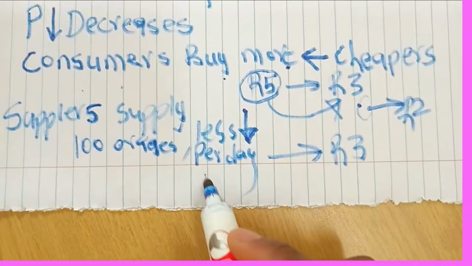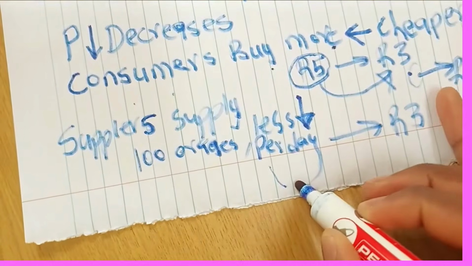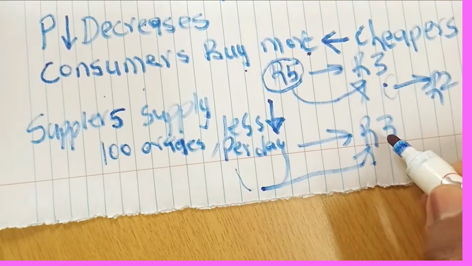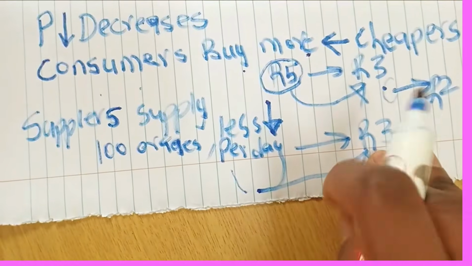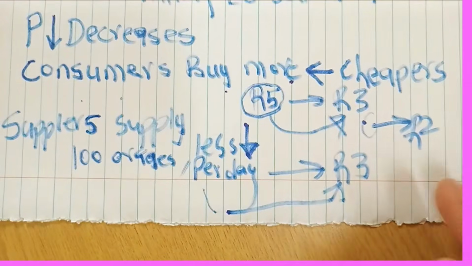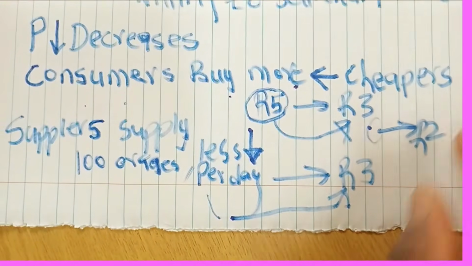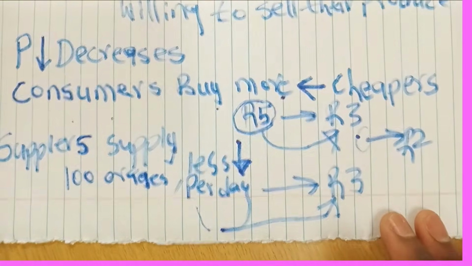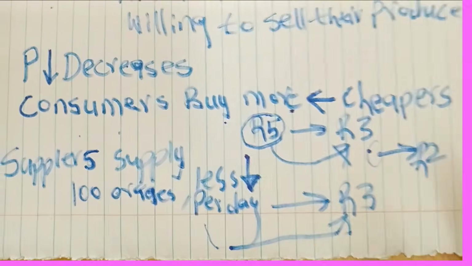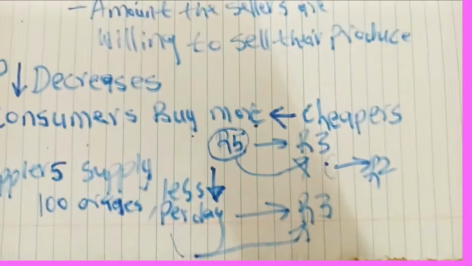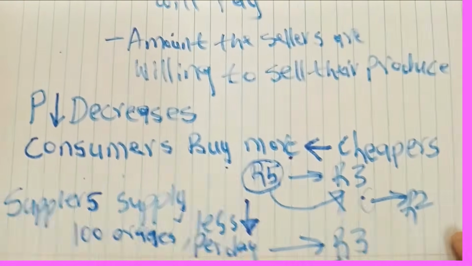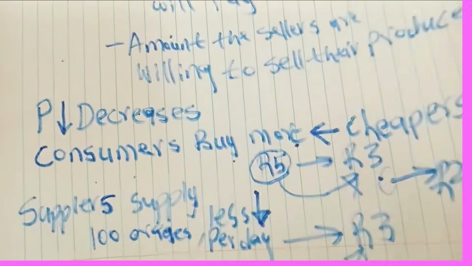So they're going to supply less because now the price is not attractive. That means they are not going to make a profit. Then they will wait until the price goes up again. So you can ask yourself, how does the price go up? The price will go up because of the invisible hand in the market.